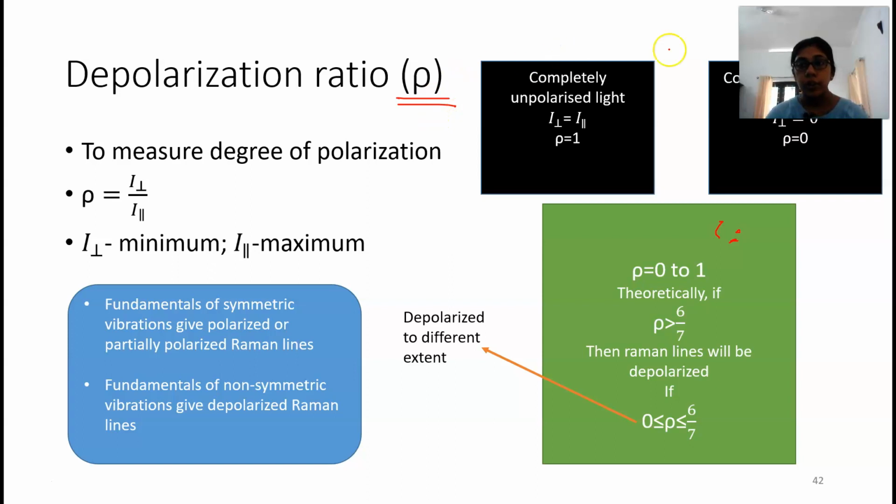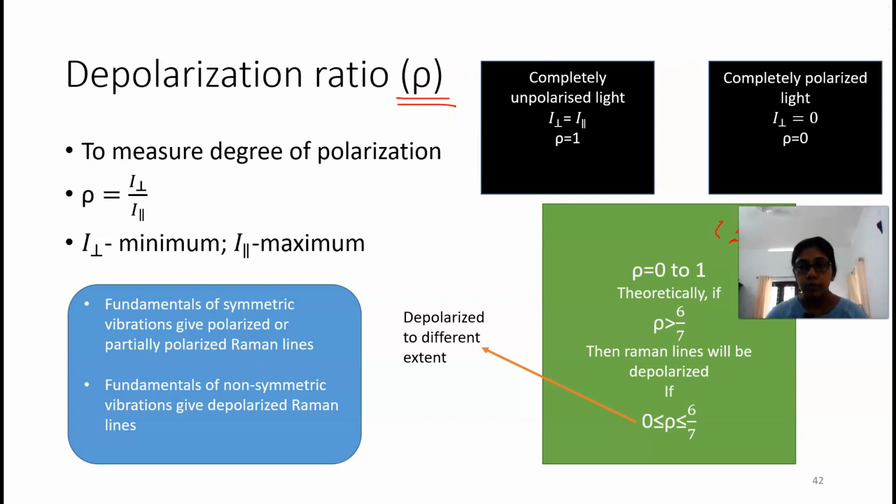Depolarization ratio. So it is a measure, it is used to measure the degree of polarization. How much your unpolarized light is undergoing polarization. Unpolarized light is polarized when you pass it through a particular sample.